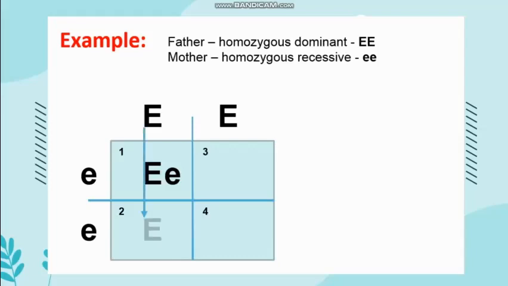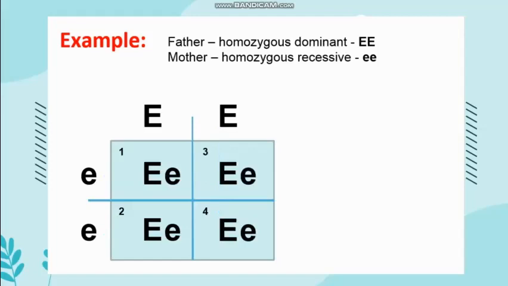To continue, again, let us copy the allele coming from the father and the allele coming from the mother. For the third and the fourth offspring, it will also be the same. So you have now filled out your Punnett square.